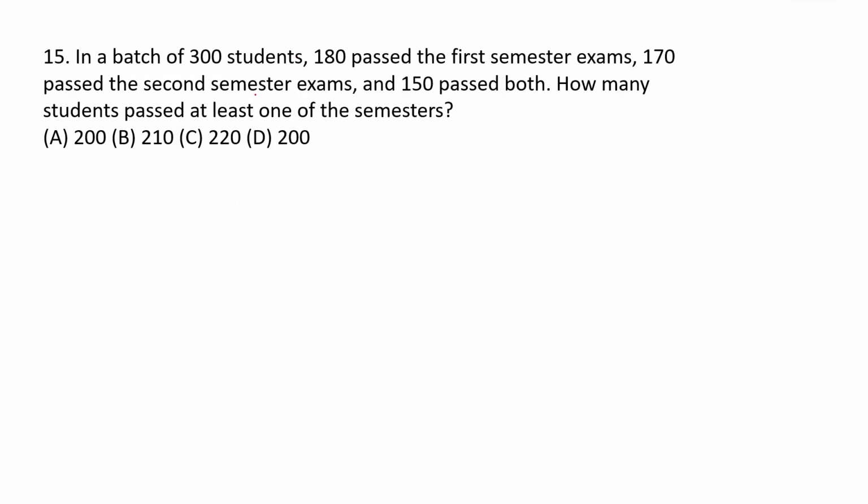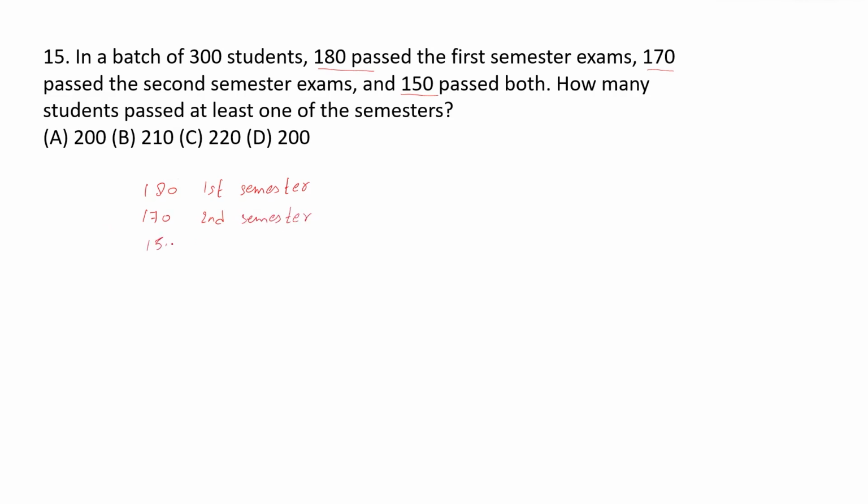Next problem. In a batch of 300 students, 180 passed the first semester exam, 170 passed the second semester exam, and 150 passed both. How many students passed at least one of the semesters? So 180 passed the first semester, 170 the second semester, right?